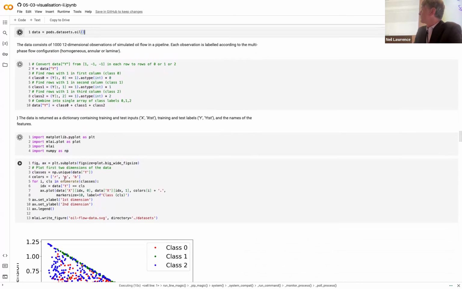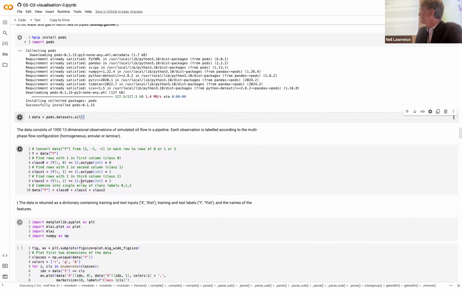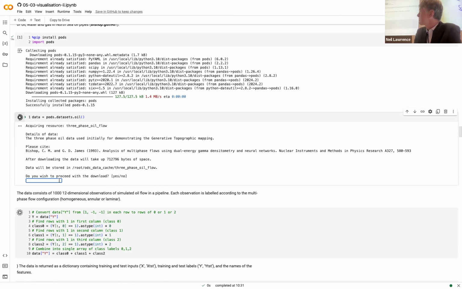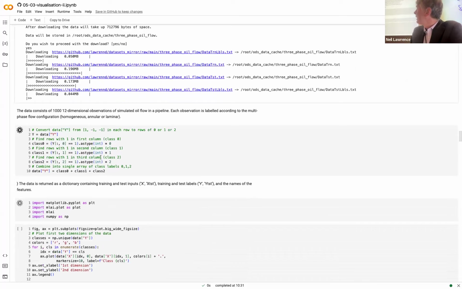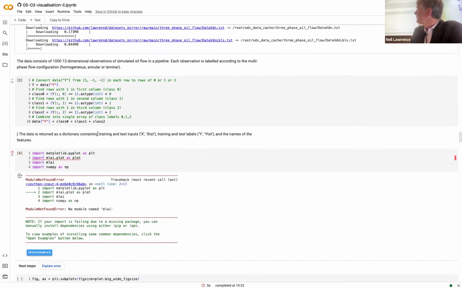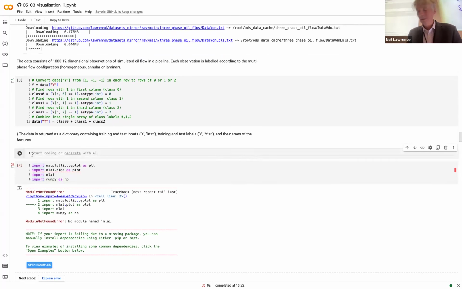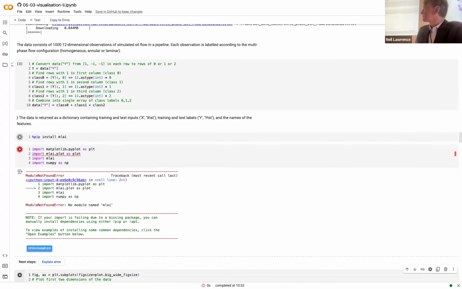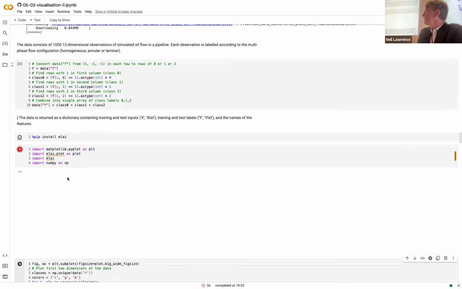Here, we're first of all plotting the data according to its labels. That's going to ask me about downloading this data in a second. Again, that's done at the top, so it should be okay if you run the whole notebook.